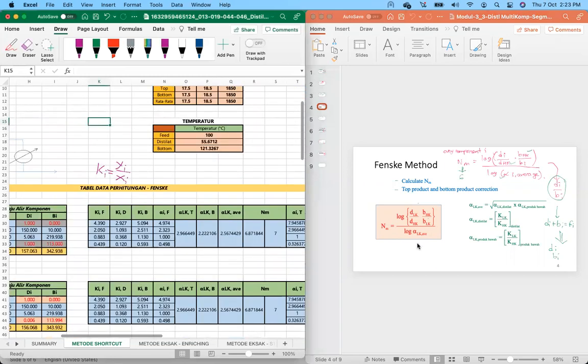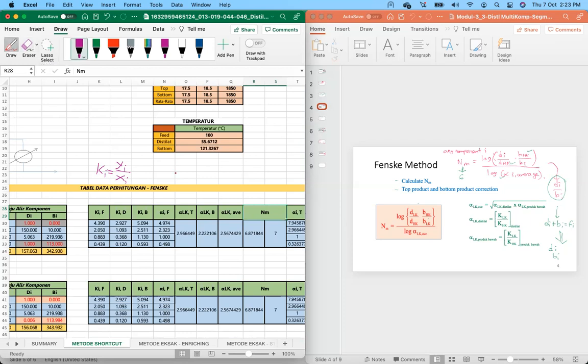So this is how they did it. They calculate first the DLK, based on the light key over there, and BHK is also the bottom of the heavy key, and the light key, and then they calculate the alpha LK average. What does alpha mean?